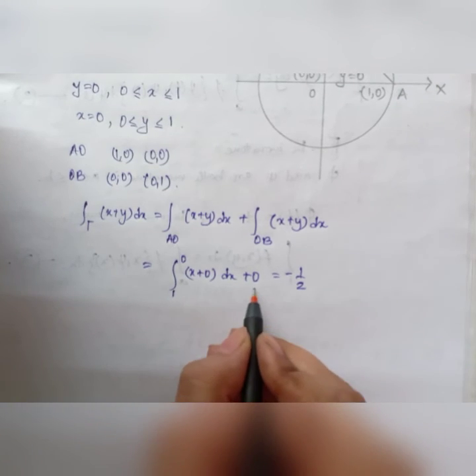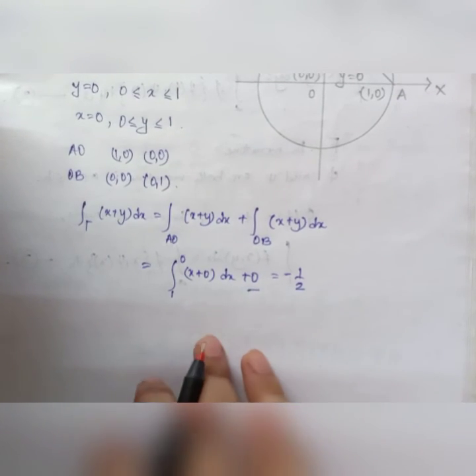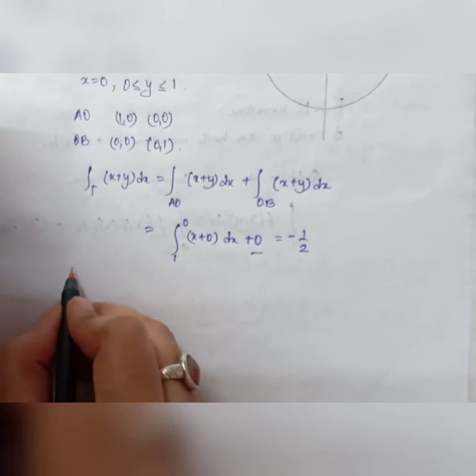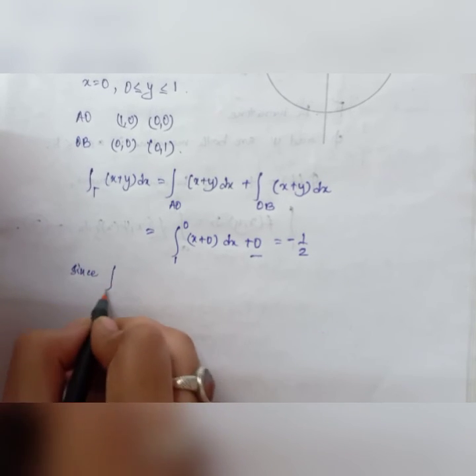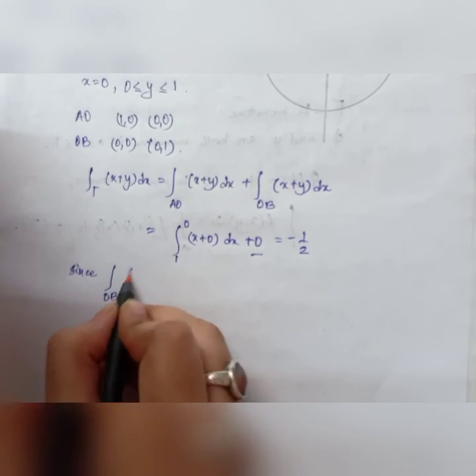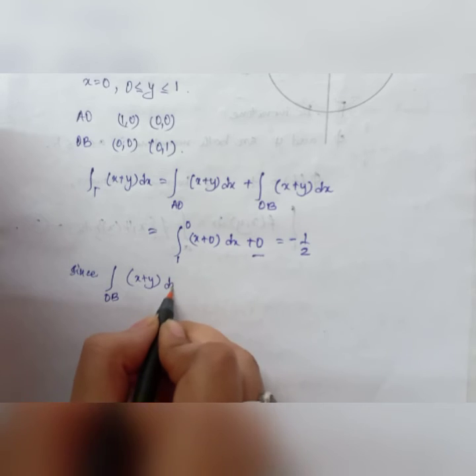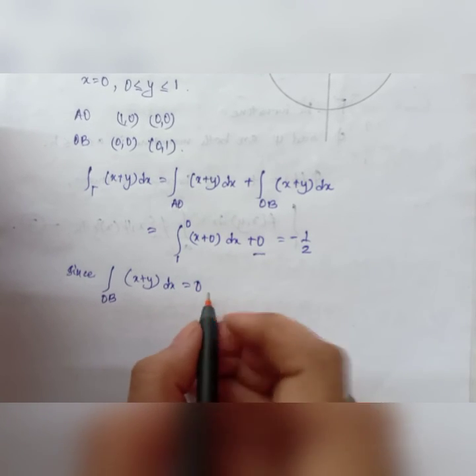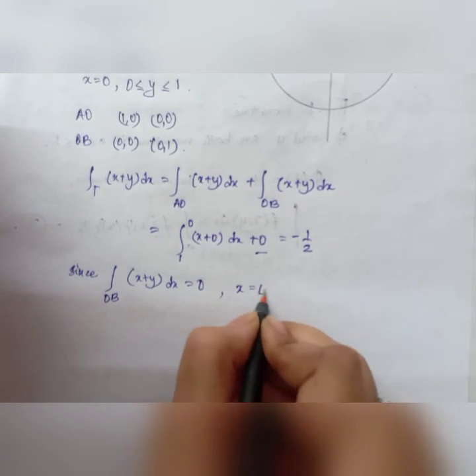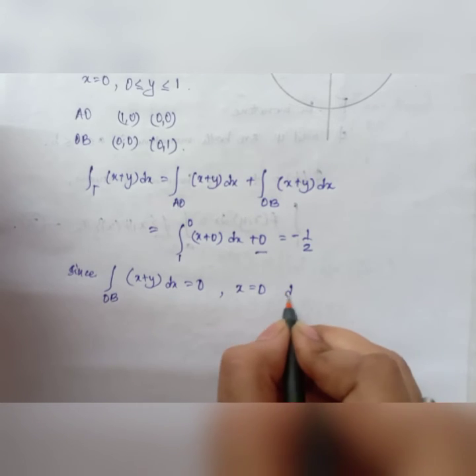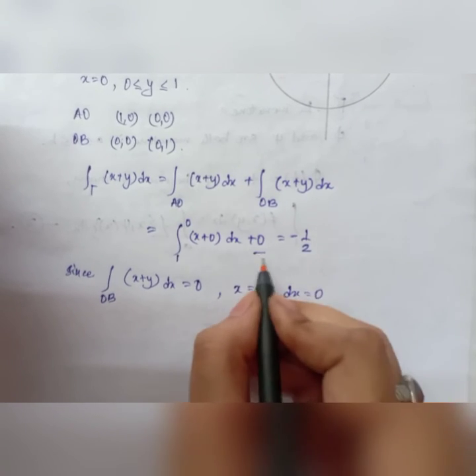So why do we write this 0, the second part? Since integration along the curve OB x plus y dx equals 0, as in this case x equals 0, whereby we get that dx equals 0, hence the 0.